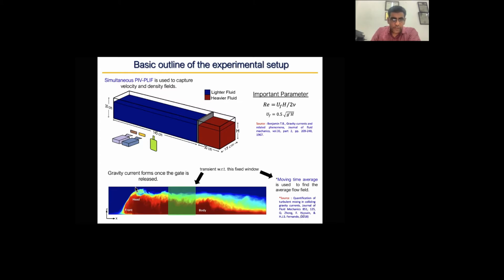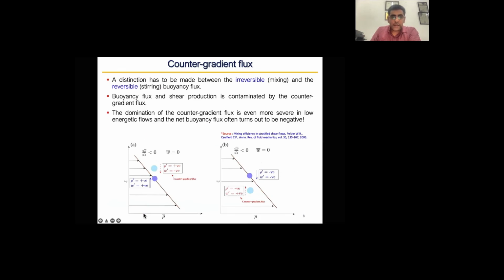Of course, at every location N squared is going to change, you are right. But if you average it over the slumping phase... I cannot define the slumping phase because this is just one instantaneous shot. We have to go to the movie, but let me try to do that.